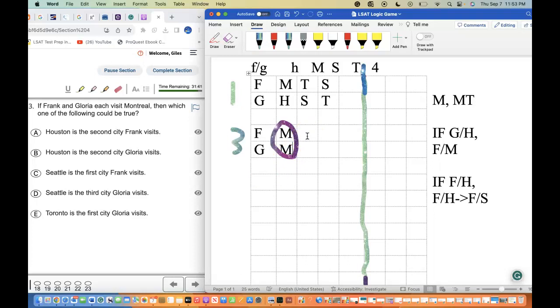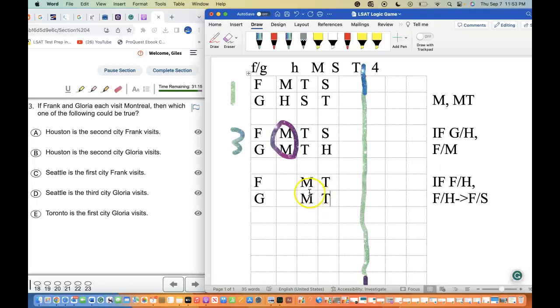So Montrose, well, that means Toronto is going to be next, and if Gloria visits Houston, then Frank automatically has to visit Seattle. And right now I'm going to put this game piece again over here, and this time I'm going to put M in the middle with T on the other side.